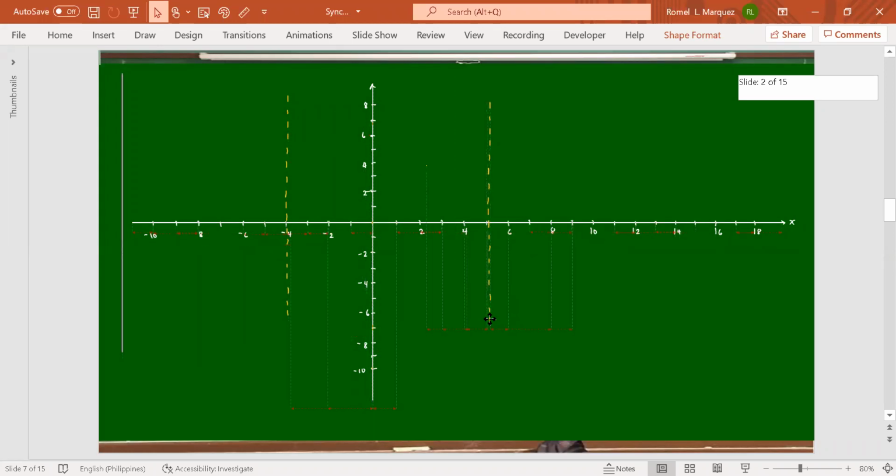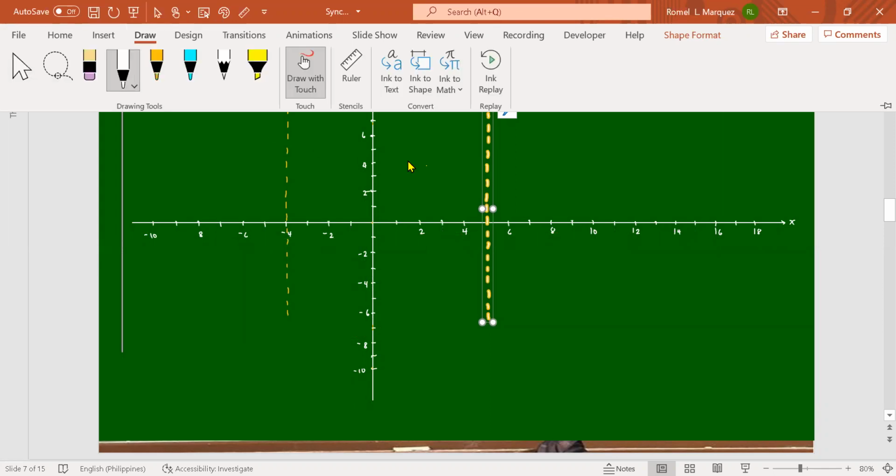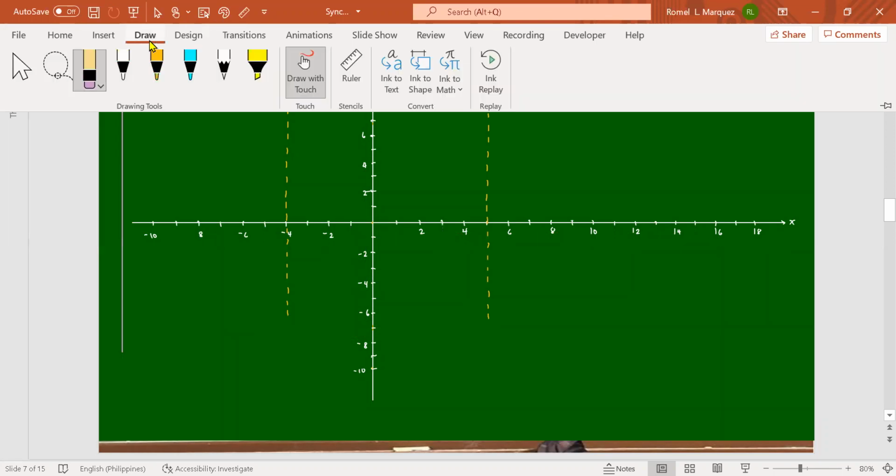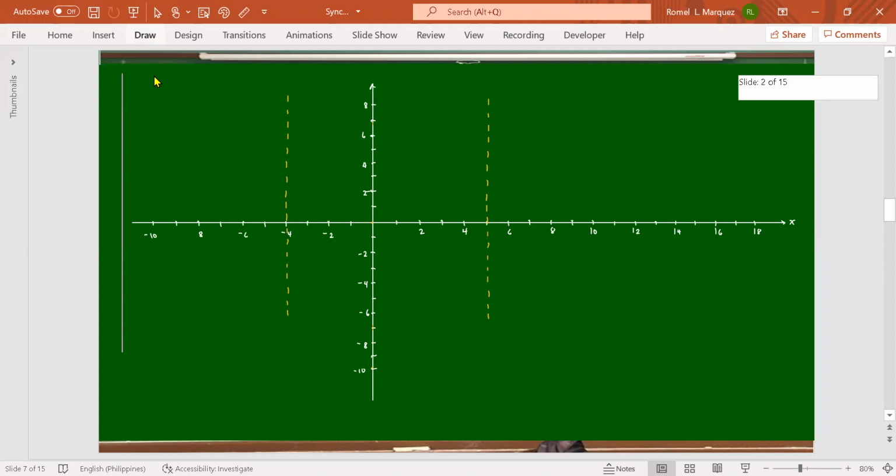Pag asymptotes, ang gamitin nyo, dotted line or broken line, to mean it will not be intersected. Pag vertical, pero yung horizontal na intersected. Pero at least alam nyo, asymptote siya. Meron pang asymptote. Extend ko lang to. May horizontal asymptote pa, no? Let me copy this.